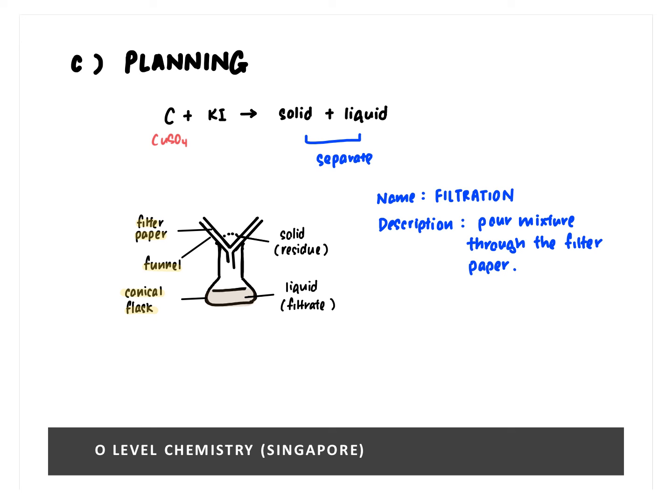All you need to say is to pour the mixture through the filter paper, and if you want to, you can say that the solid is collected as the residue, the liquid is collected as the filtrate. So as mentioned, this practical exam is pretty straightforward. I believe if you have practiced well enough, you should be doing well in this practical exam.